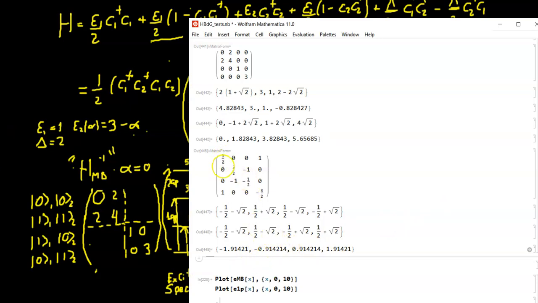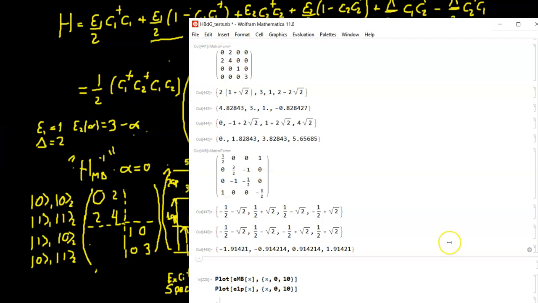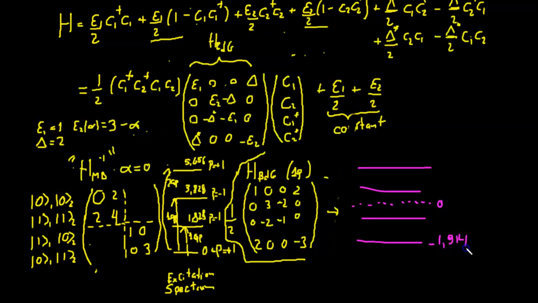Notice that I'm already including the minus 1.914, minus 0.914, plus 0.914, plus 1.914. This is the BDG spectrum.